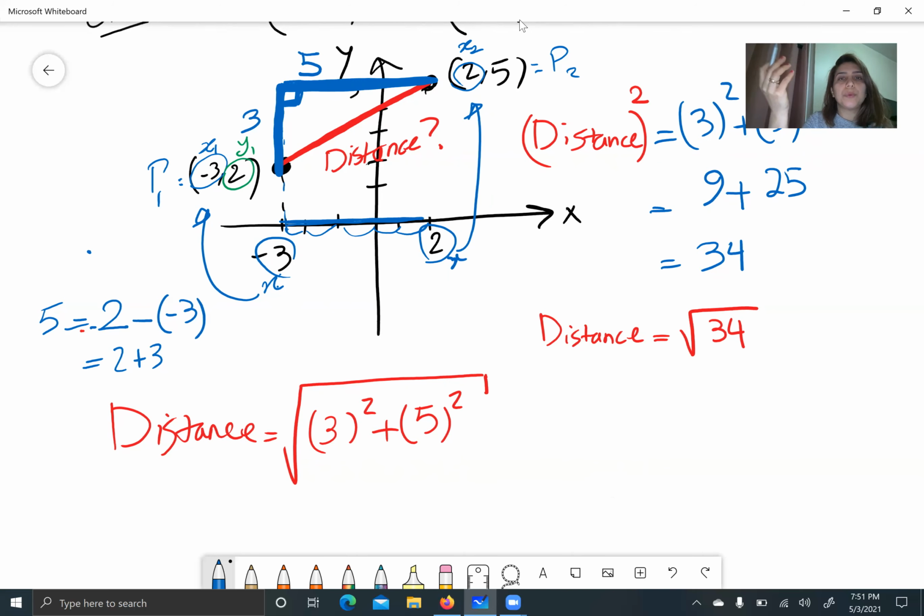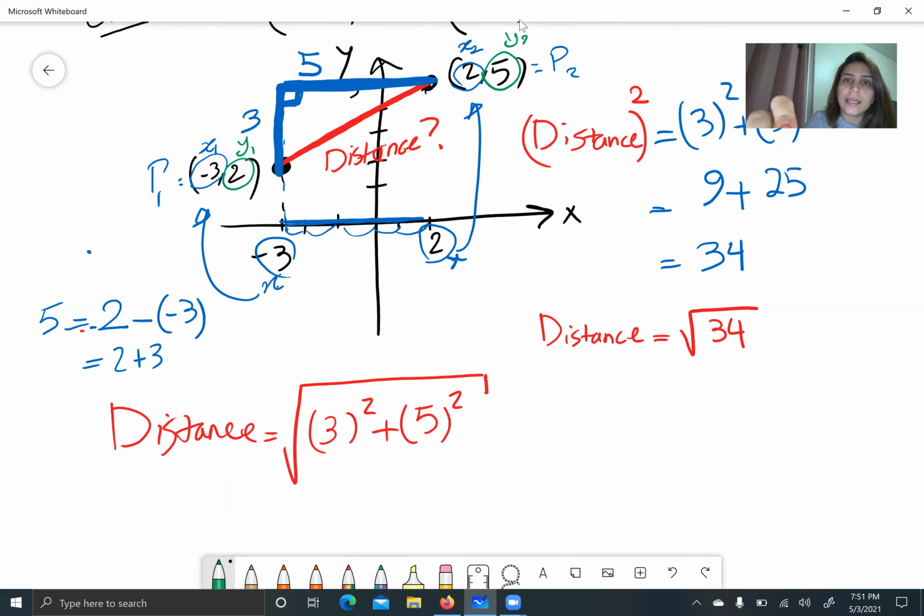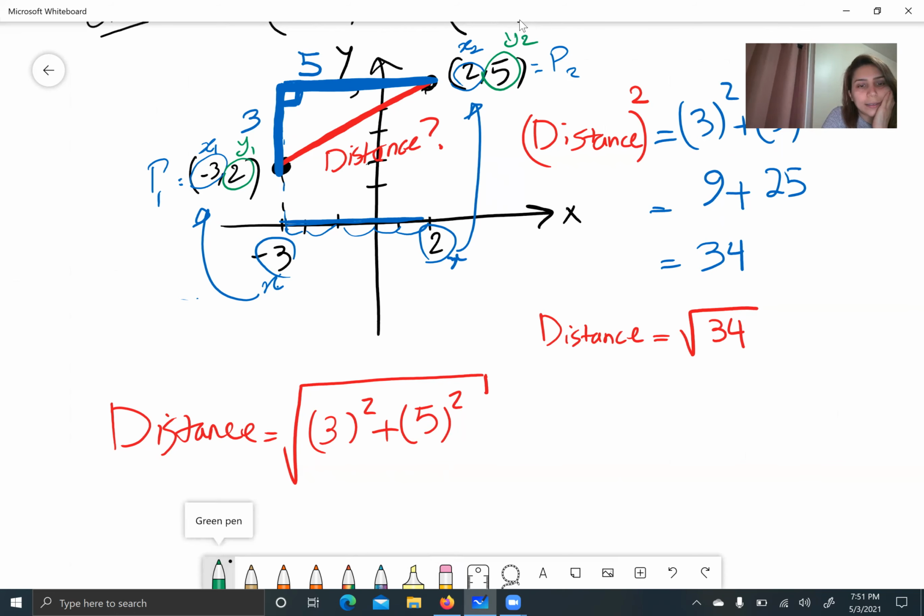It doesn't matter which one you call first or second. You can go either way, right? So let me show you. And this one is x2. So I named one of the points as 1, the other point as 2. Then how can we come up with 5? 5 can be written as 2 minus minus 3.